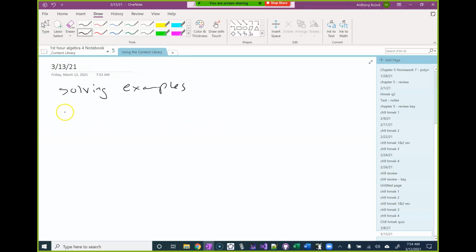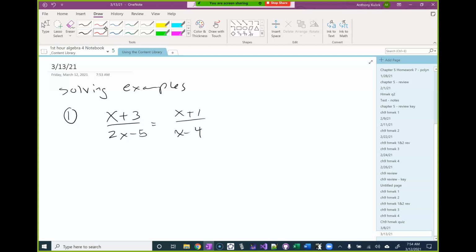So there's kind of two different situations. So this situation where we just have the two fractions equal to each other, this is called a proportion.